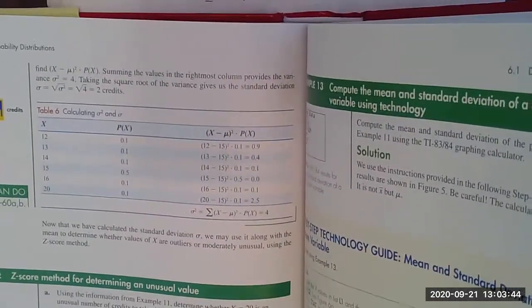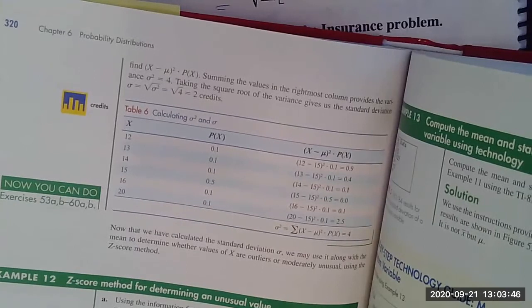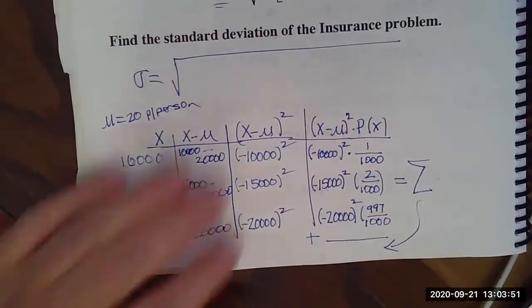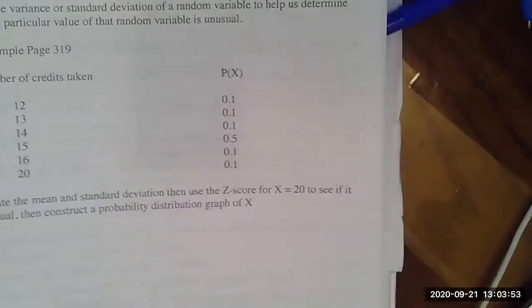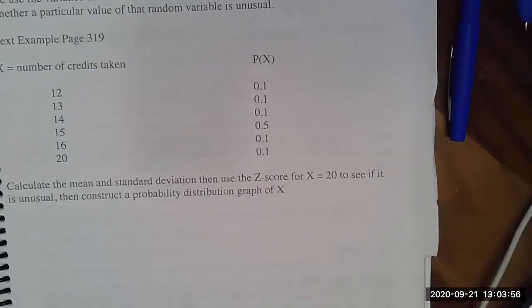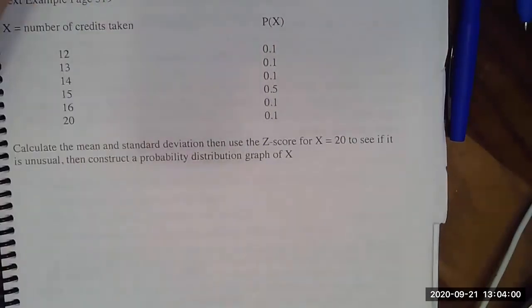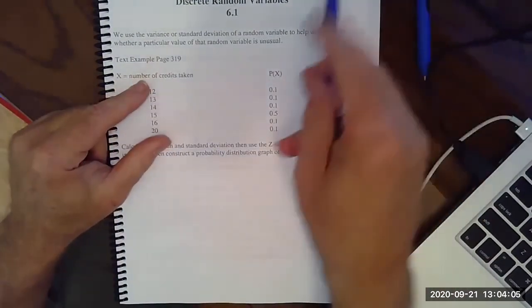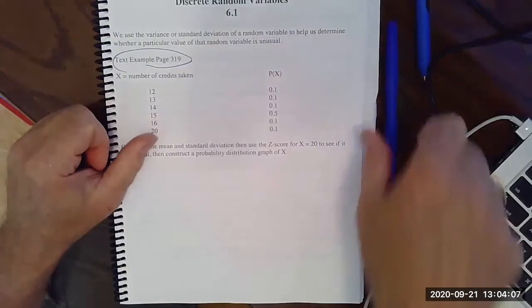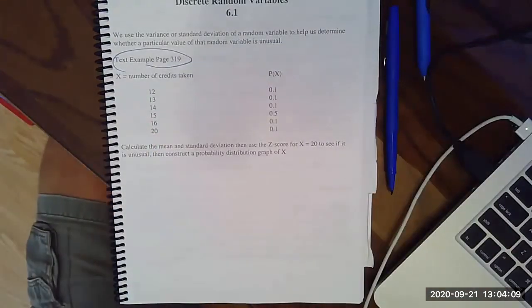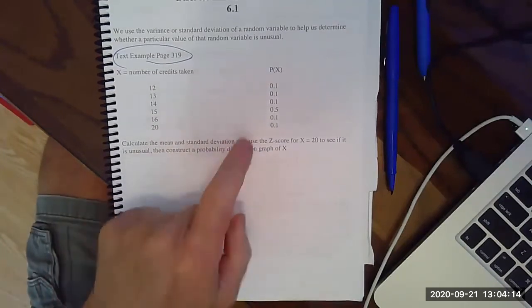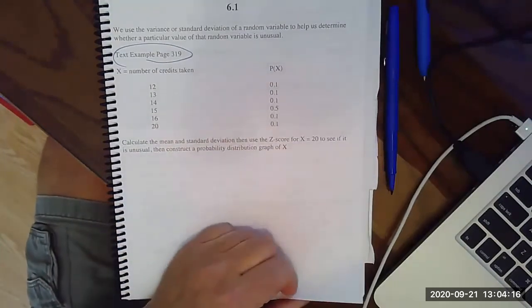On page 320. I'm not going to do this one. It's just doing another example. I even said, hey, your textbook, page 320? Well, there you go. That's the problem. Page 319, 320. So you can see how they do that on your own.